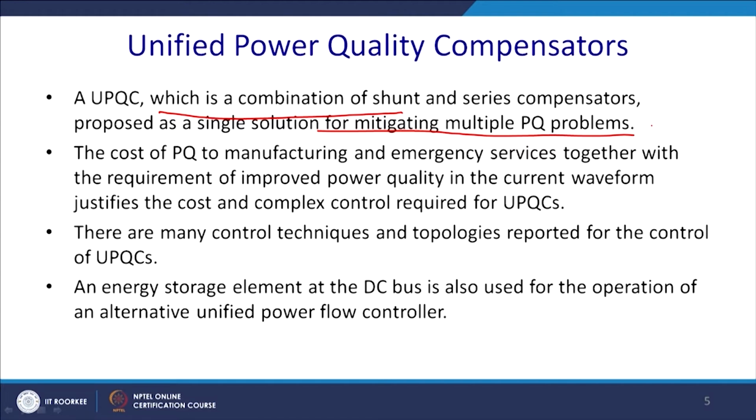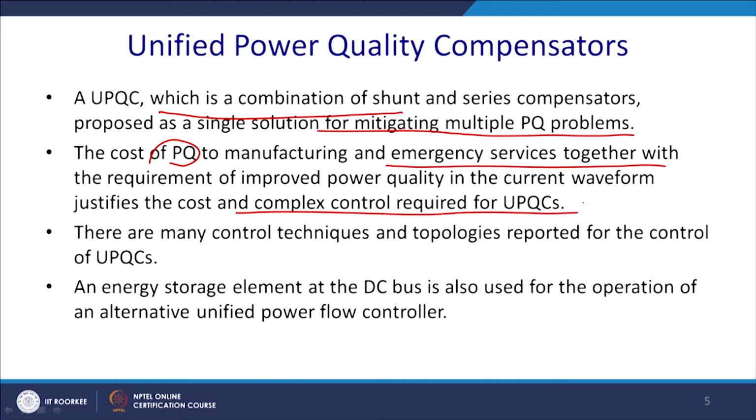The cost of power quality to manufacturing and the emergency services, together with the requirement of improved power quality in the current waveform, justifies the cost and the complex control required for UPQC.